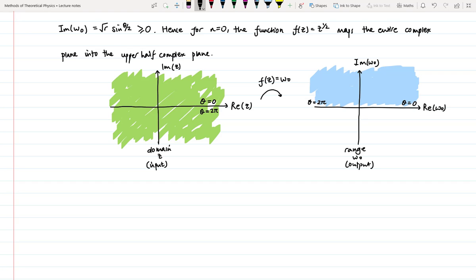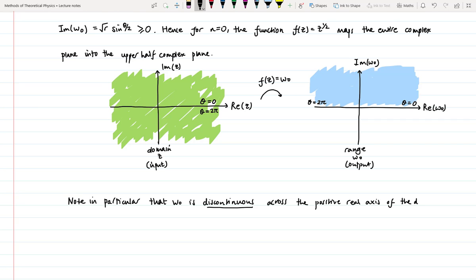What does this mean we can say about our function w0? Note, in particular, that w0 is discontinuous across the positive real axis of the domain or input to the function, because it changes by a sign.